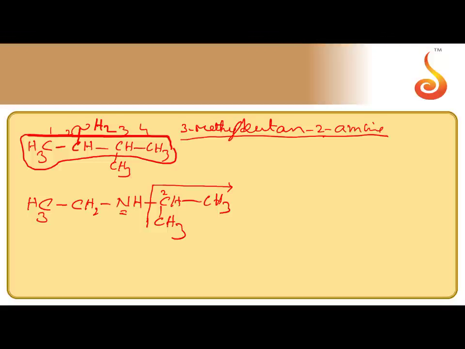In numbering, the carbon holding the functional group should have the smallest possible number. So at the second position, a substituent is there. That substituent is nothing but ethyl. Ethyl is attached to N. So you have to write the substituent as N-ethyl.